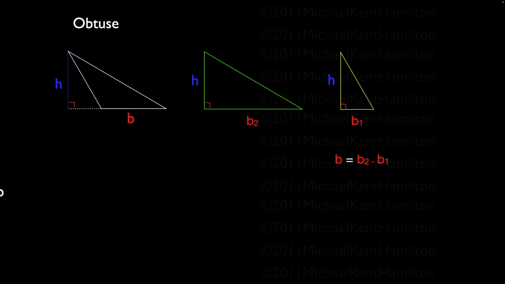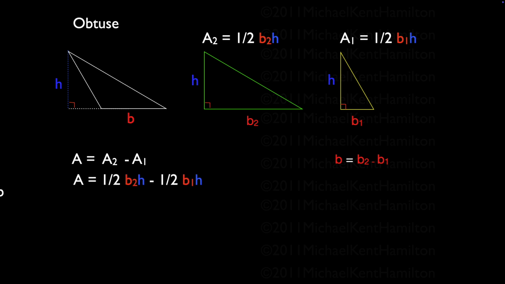As the areas of regions add and subtract, we can notice that the area of our obtuse triangle would be equal to the area of the large right triangle minus the area of the smaller right triangle.